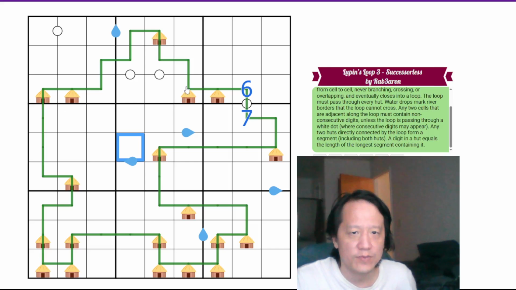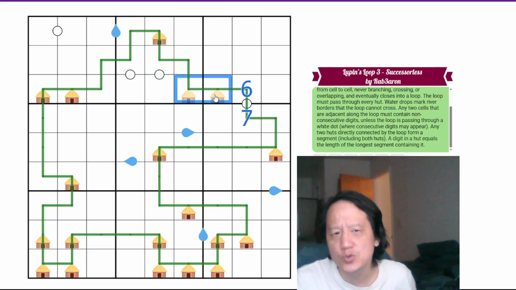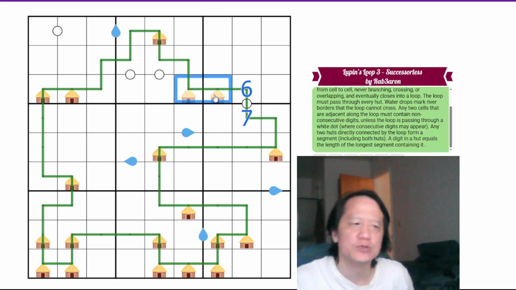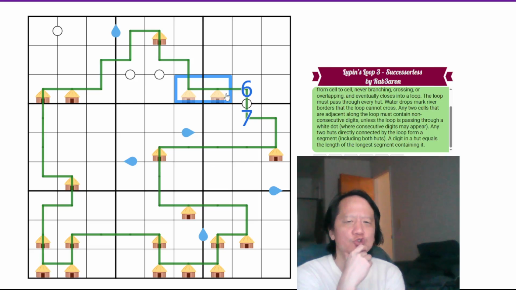So this segment would be 1, 2, 3, 4, including both huts. This would be 1. Or actually, I guess 2? Yeah, it would have to be 2, right? Or is it 1? I think that's 2.